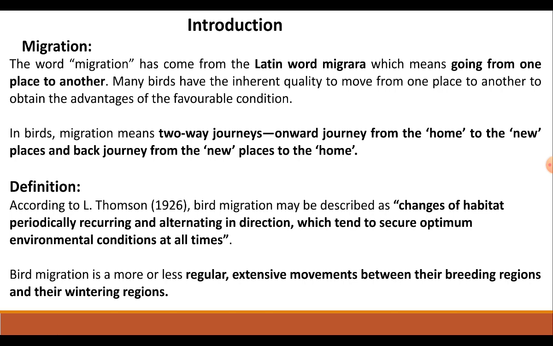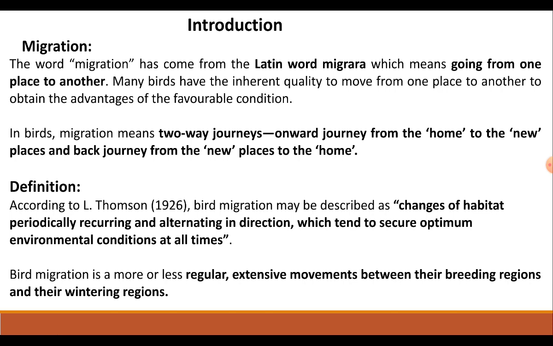In this aspect, Kant explains migration as a periodic passing of animals from one place to another. When you talk about birds, many birds have the inherent quality to move from one place to another to obtain the advantages of favorable conditions.